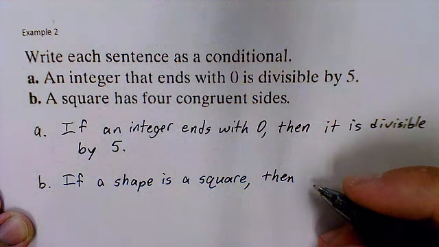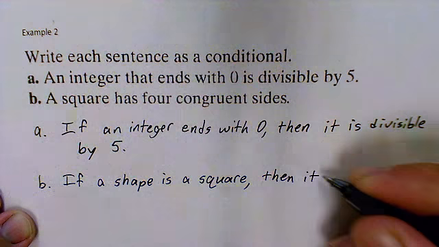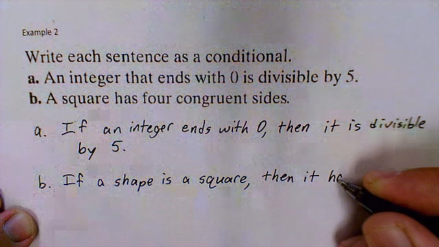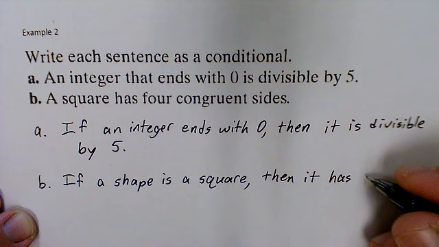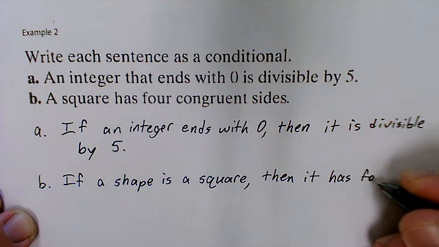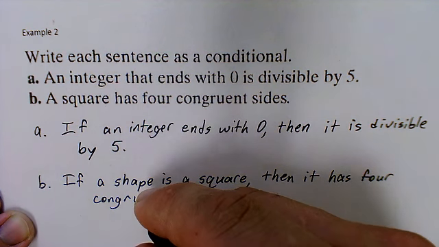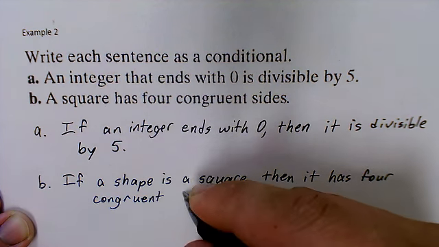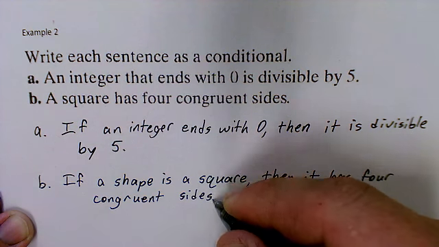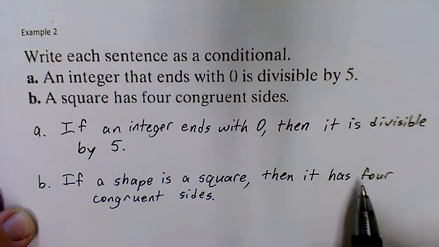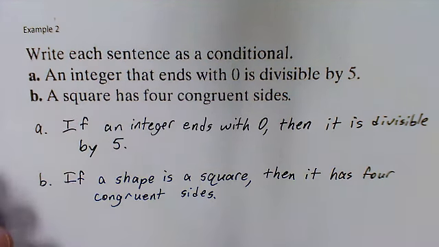Then it has 4 congruent sides would be my conclusion. And that would be the figure has 4 congruent sides is my conclusion.